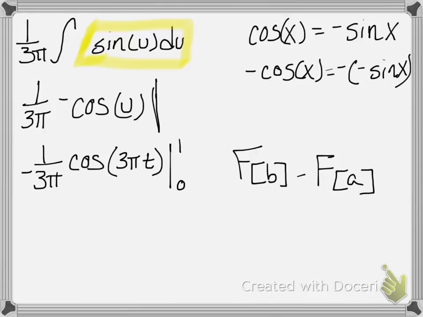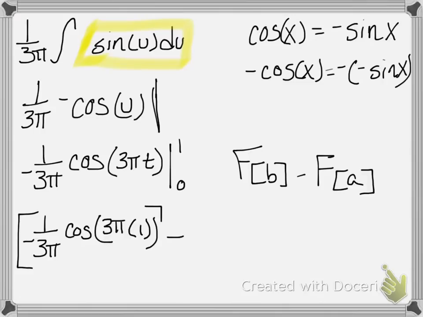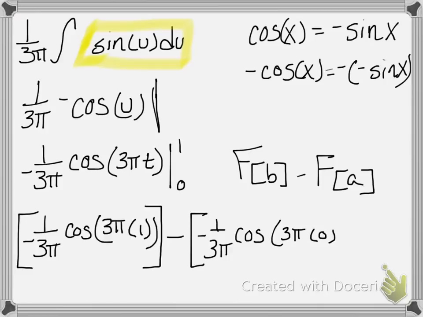And so that's going to leave us with negative 1 over 3 pi cosine of 3 pi times 1, minus our negative 1 over 3 pi cosine of 3 pi times 0, which is our a.